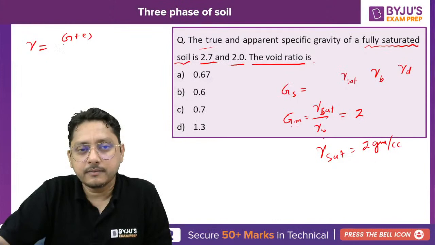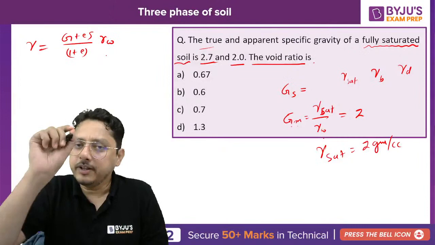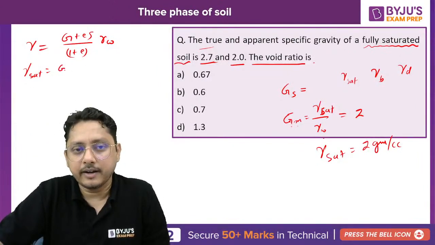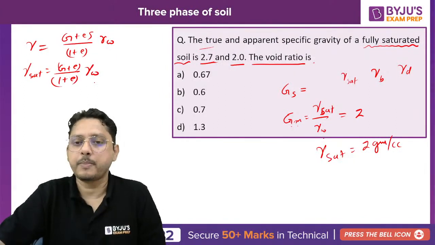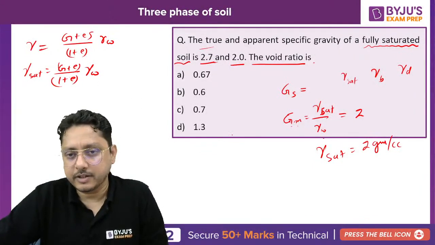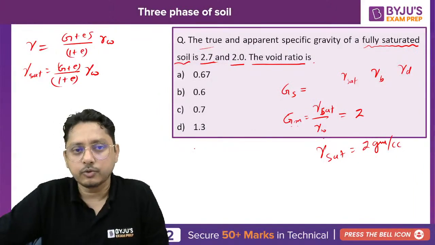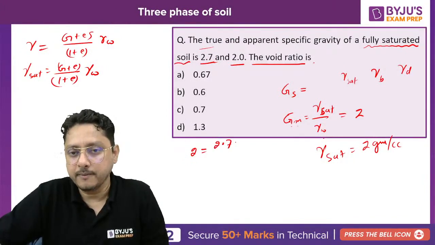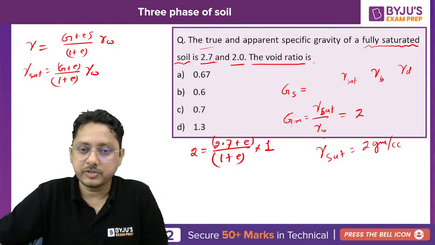Gamma equals G plus ES divided by 1 plus E into gamma W. Now if it is fully saturated, I can use gamma saturated, S will become 1, hence G plus E divided by 1 plus E into gamma W. Gamma saturated is now 2 gram per cc, so 2 will equal G, which is the given true specific gravity 2.7, plus E, divided by 1 plus E, into gamma W, which is 1 gram per cc, as I am using gram per cc as my unit.